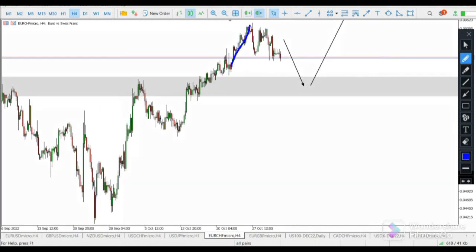As you can see, guys, price created a double top formation around here, and we just broke below the previous higher low. That indicates that there is a possibility for the market to come here before pushing up.